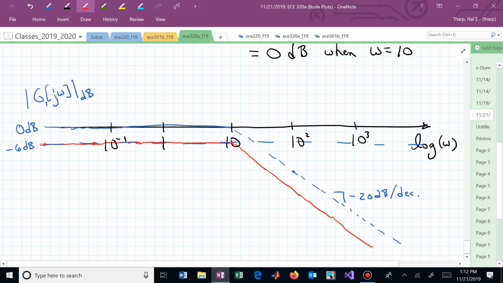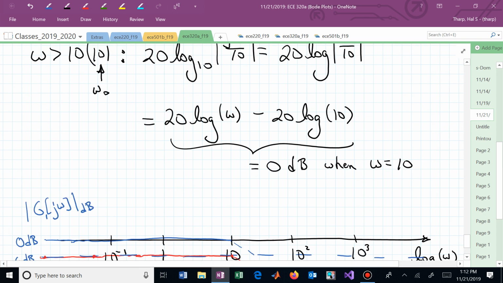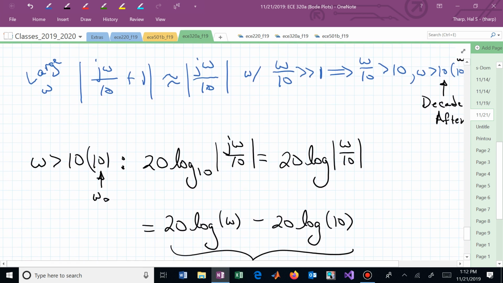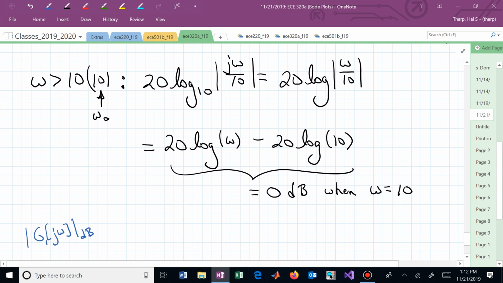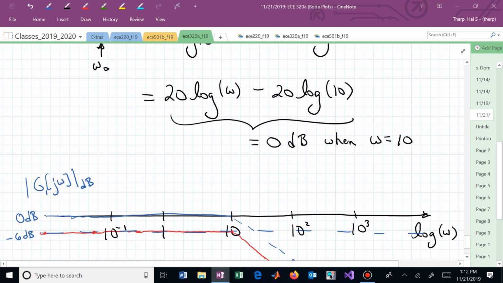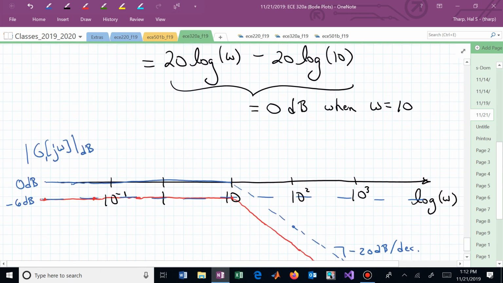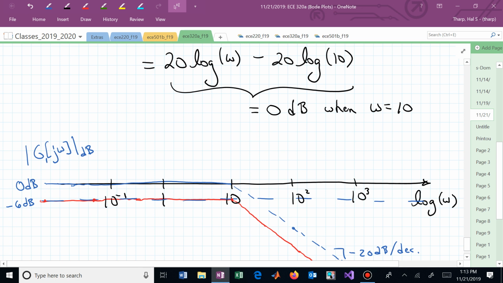Yes? So where did the minus 20 log 10 go? If you just sketched 20 log of omega, when would 20 log of omega be 0? When omega is 1. So that allows us to actually delay, in a sense, where we start falling off.